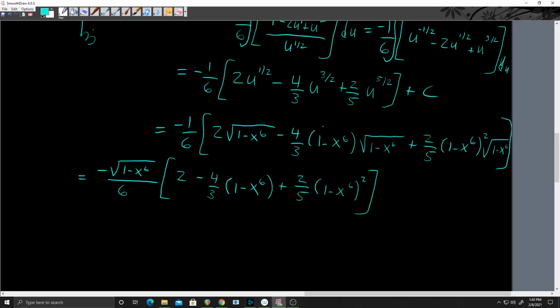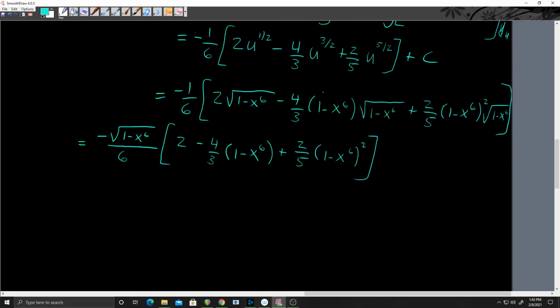And the very last thing we can do, I just now noticed, is we can pull a 2 out of everything. Okay? So if we pull a 2 out of everything, 2 over 6 is like 1 over 3, so we get negative square root of this over 3. And again, I'm pulling the 2 out. So 2 times 1 is 2. Minus, I'm pulling the 2 out. This is going to be 2/3 times 1 minus x to the 6.